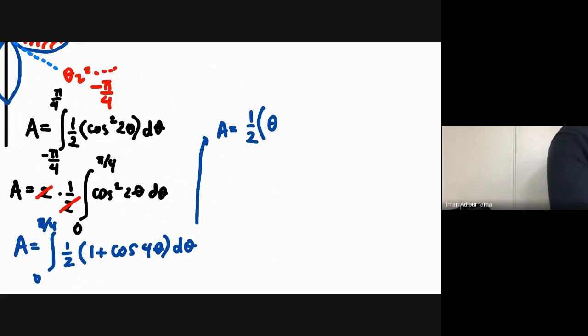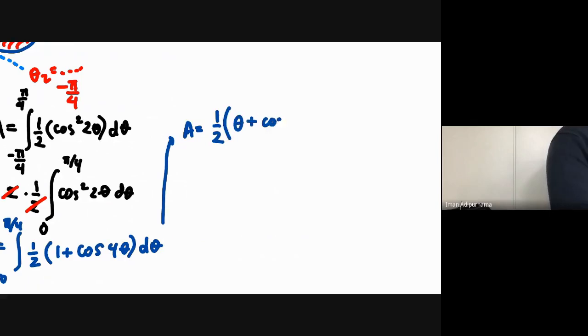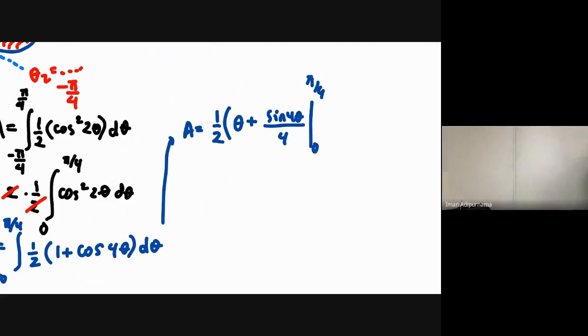Then I can write down the integration. Because it's sine and it has 0, the other part will be all 0, correct?